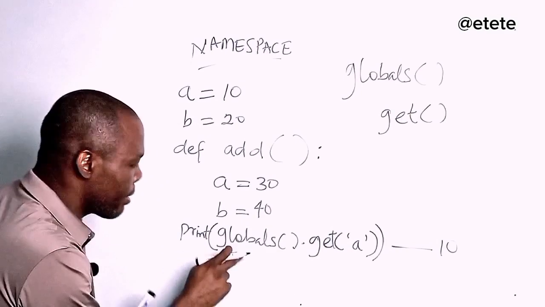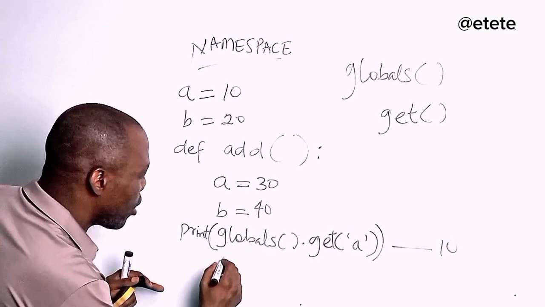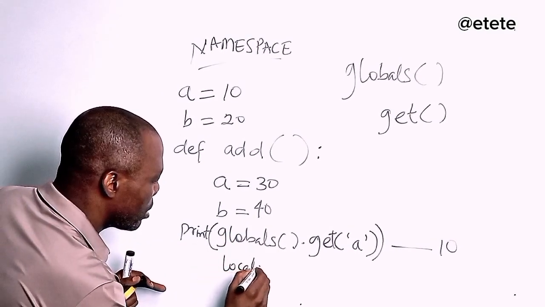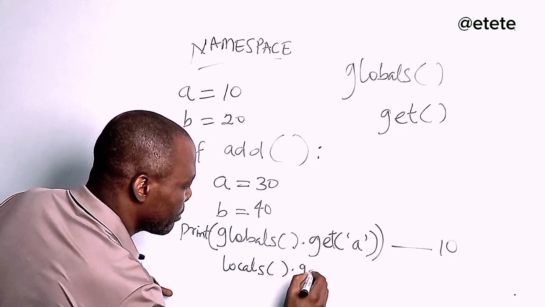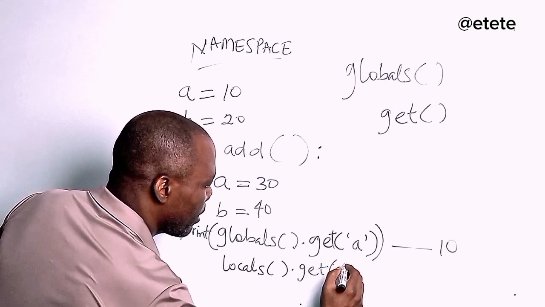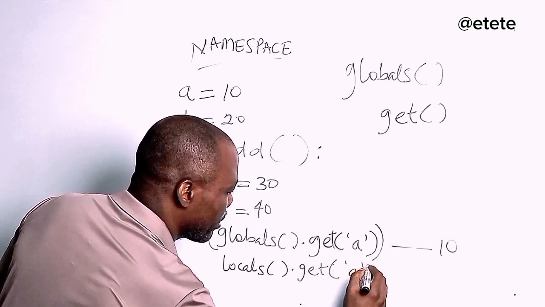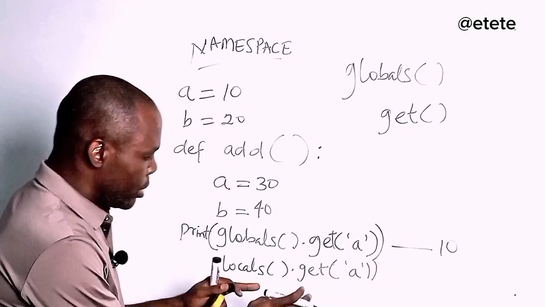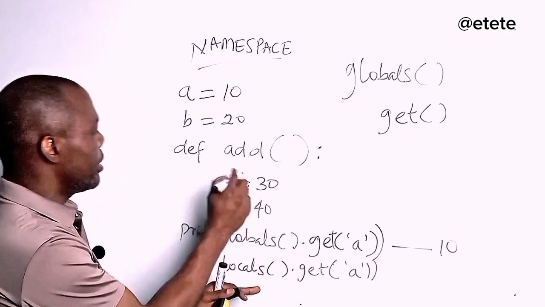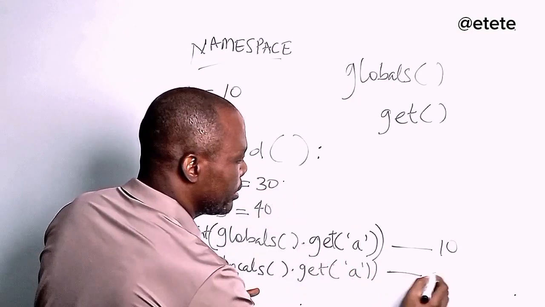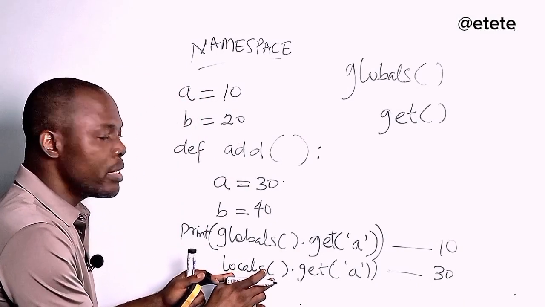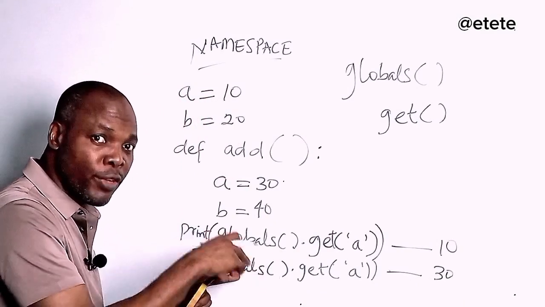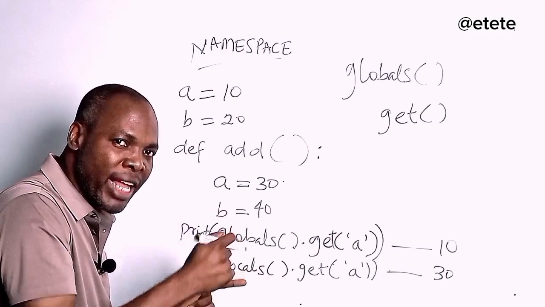So it's going to give me this. If inside here, still inside this place, I call the local function dot get, then I put A here. This one is going to get me this value, which is 30. This one enables me to get the local variable within the scope that it is called.